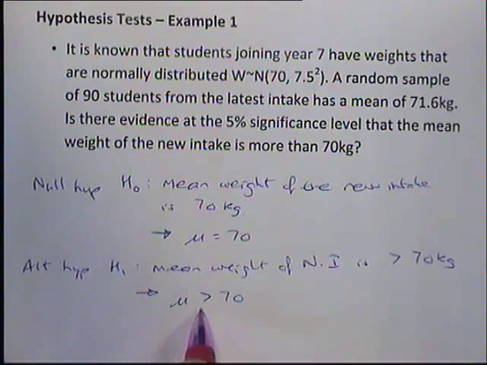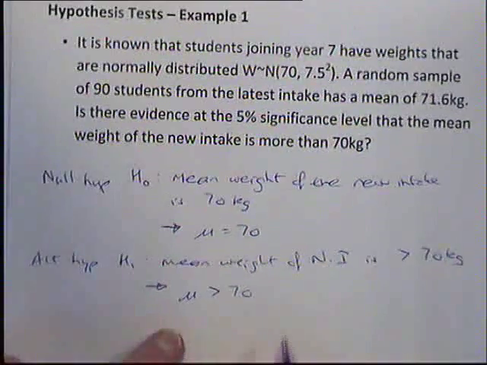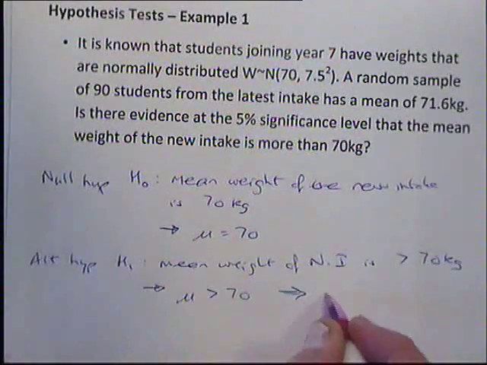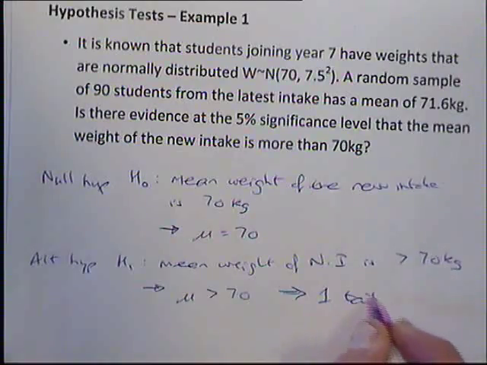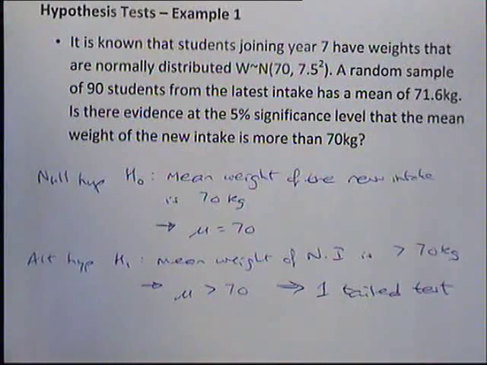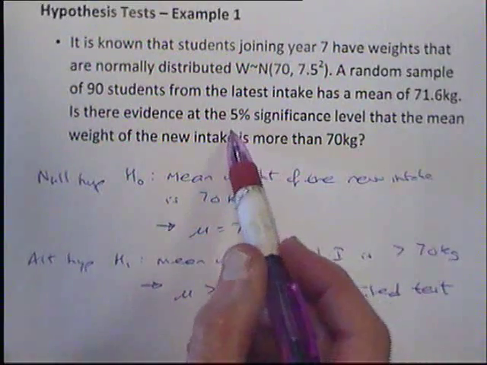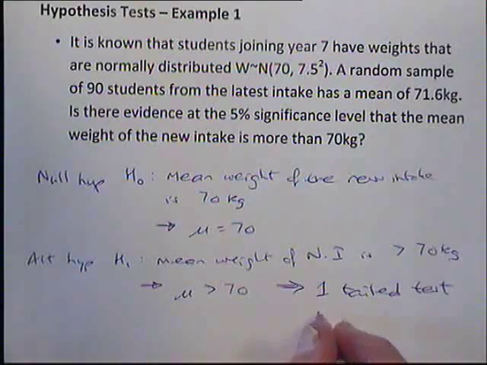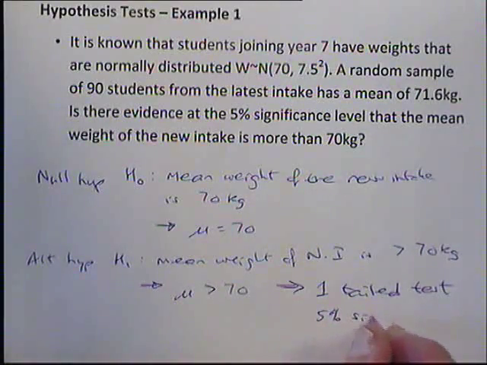And exactly what symbol do you think it might be? Not equal to. Anyway, this symbol tells us it's a one-tailed test, because we are only going in one direction. And we'd always usually write down at this point as well what the significance level is, 5%. So we're doing a 5% significance level. That's how you start laying out this question.